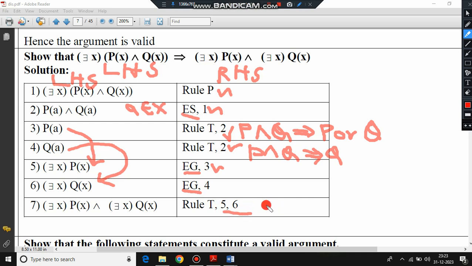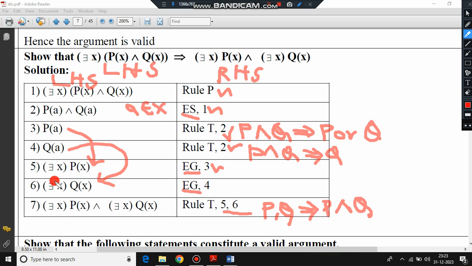It says if there exists p and if there exists q, these two can be replaced by p and q. This is another tautological rule. So if there exist two statement formulas p and q, then we can replace them by p and q.